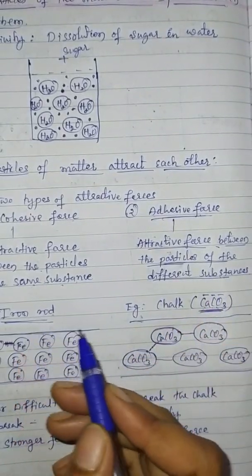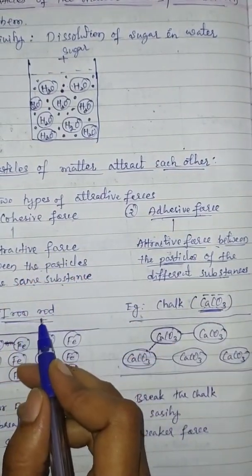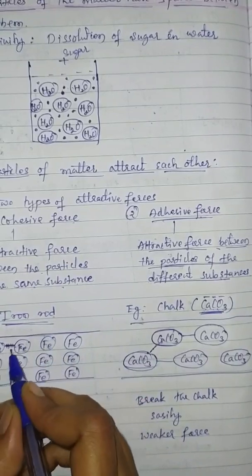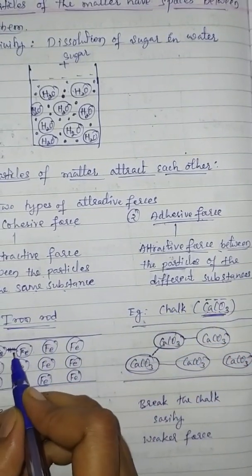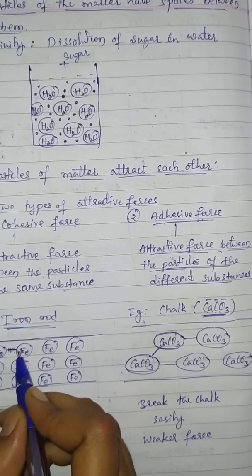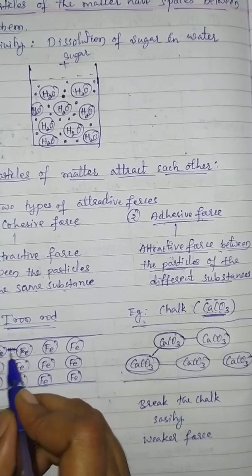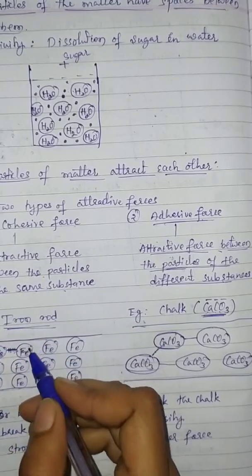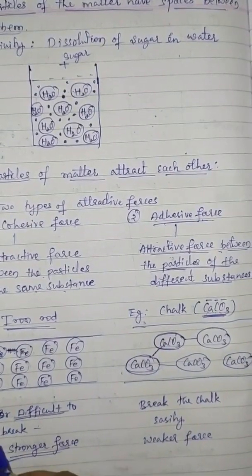We can take an example for cohesive force, that is the iron rod. This iron rod is made up of iron atoms, and the attraction is between the same kind of atoms. Therefore this is cohesive force, and it is a stronger force, and it is difficult to break the iron rod.